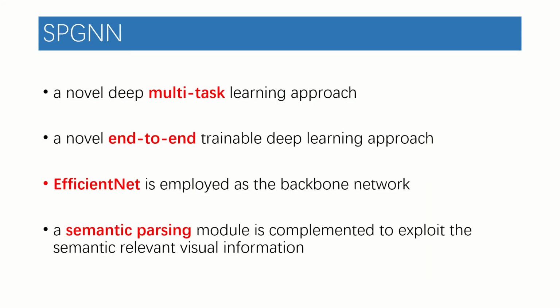Hence, we leverage a recently advanced CNN model named EfficientNet as a backbone network to develop a novel deep multitask learning approach and a novel end-to-end trainable deep learning approach named the Semantic Parsing Guided Neural Network for filling the aforementioned missing technology. SPGNN introduces an extra semantic parsing module to the EfficientNet.